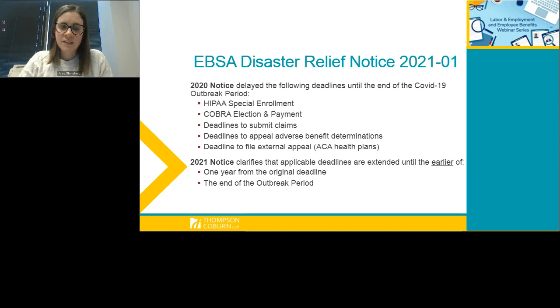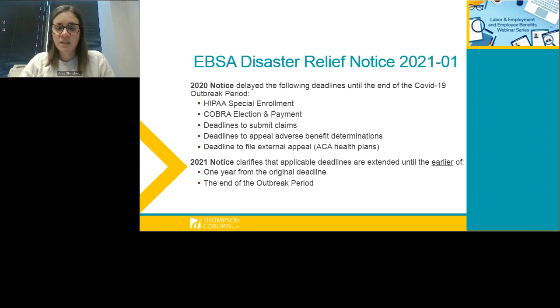EBSA Disaster Relief Notice 2021-01 came out this year. This is an expansion or clarification of EBSA Disaster Relief Notice 2020-01 that came out in 2020. So the 2020 notice, as a reminder, delayed deadlines for participants and plans until the end of the COVID-19 outbreak period for HIPAA special enrollment, COBRA election, and COBRA payment.